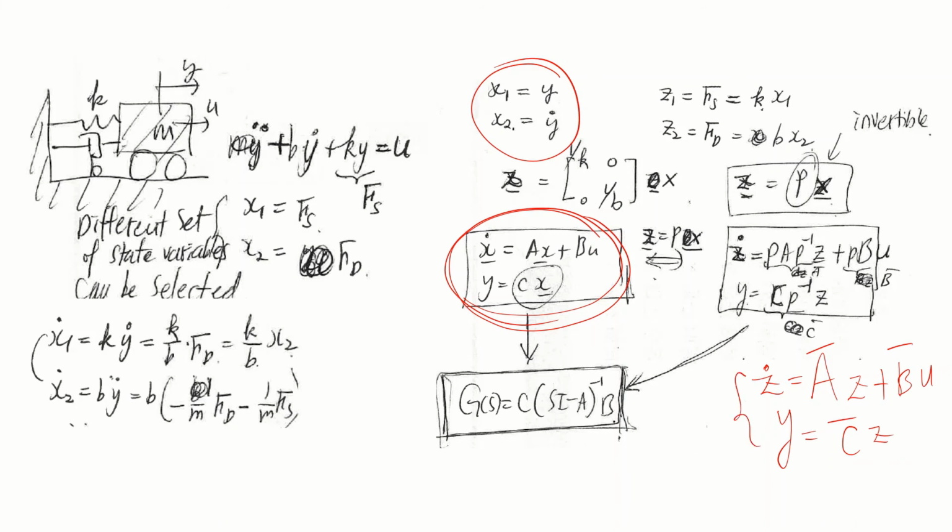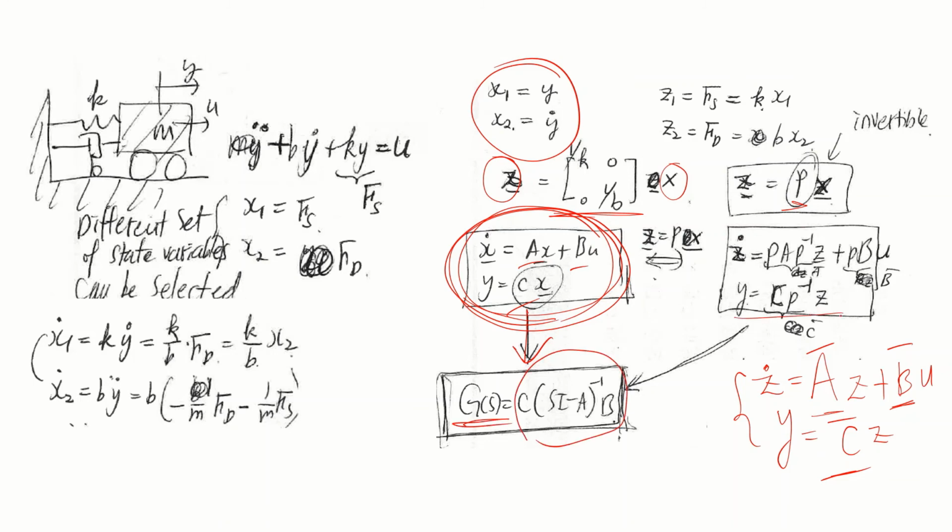And we saw that x and z are related through this P matrix. So this A, B, C here must be related to A bar, B bar, C bar through something like P. And we all know that this state model should give us G of s through this formula.